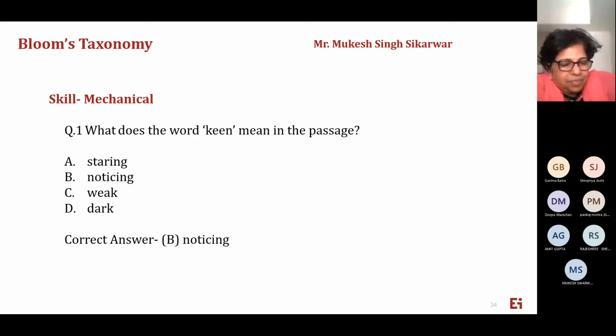Here, when we ask in the context of a passage, although the sentence is not given, the student has to understand a bit different meaning from the usual one, in the context of the passage. So I would go with the understanding level, not mechanical.